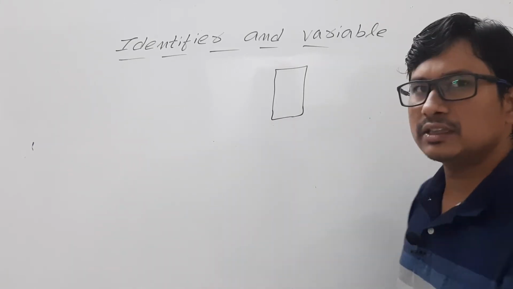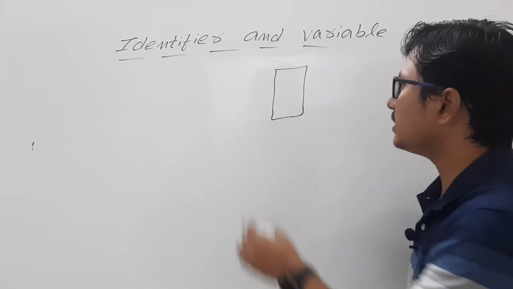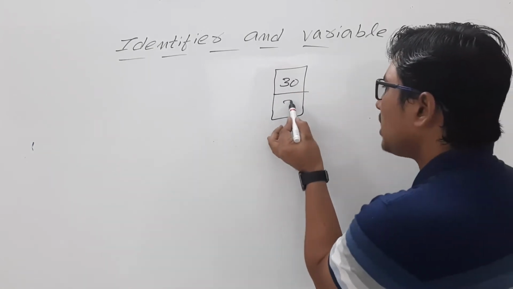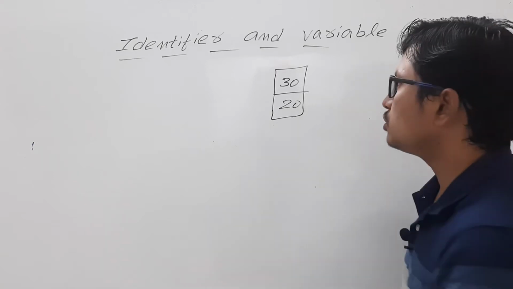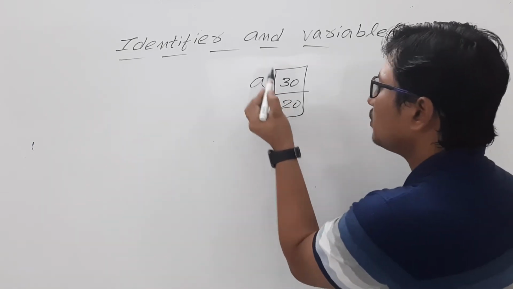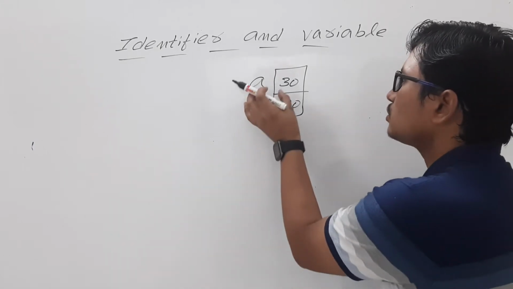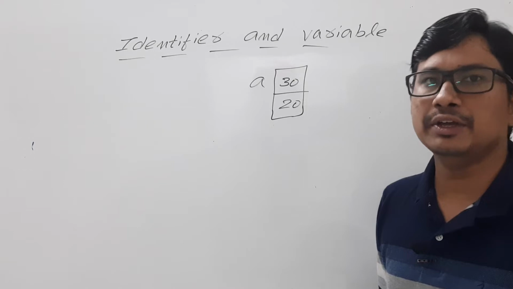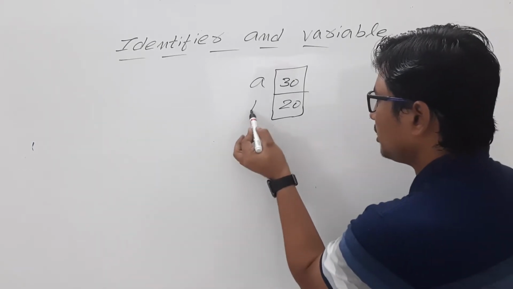Look here, everything will be stored in some memory location. Suppose you want to store 30 and 20. You would have stored 30 in some memory location and 20 in another memory location. If you want to give a name, you will give the variable a. So whenever you want to access the 30, you will access it with the help of variable a. Similarly, variable b.